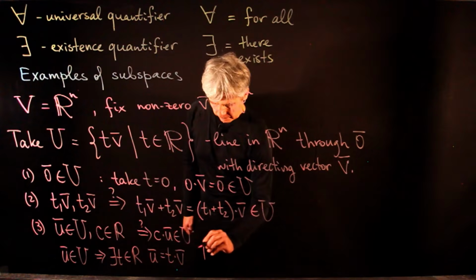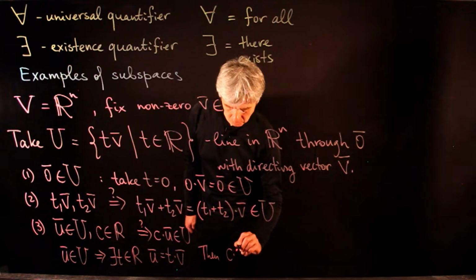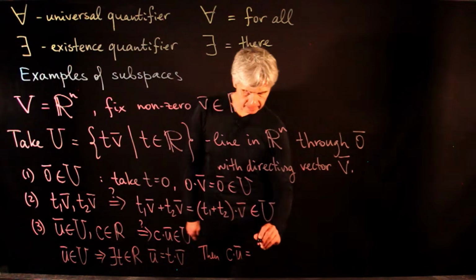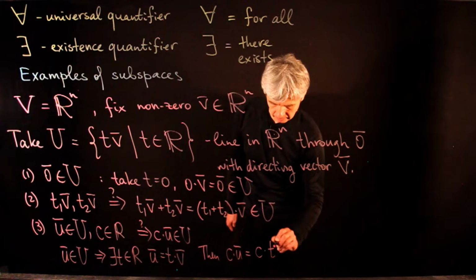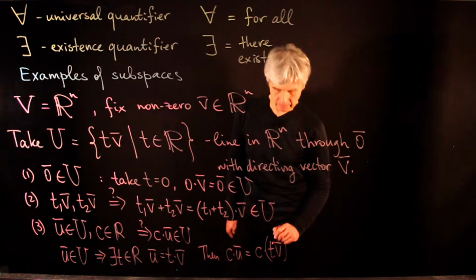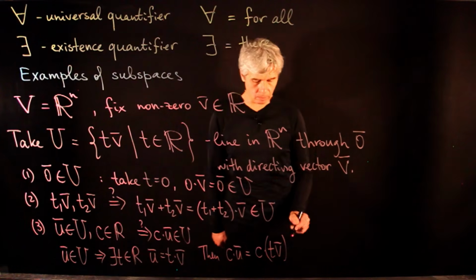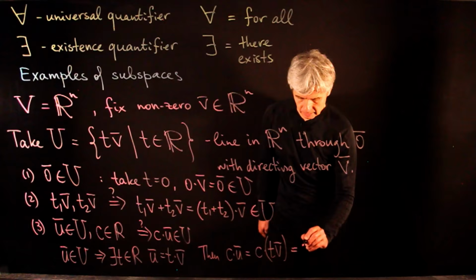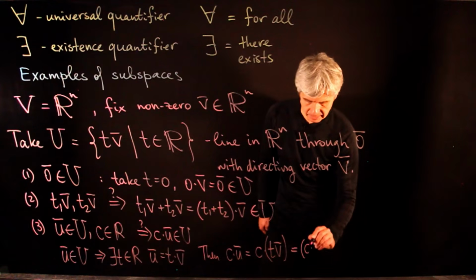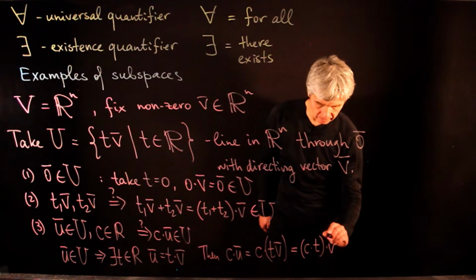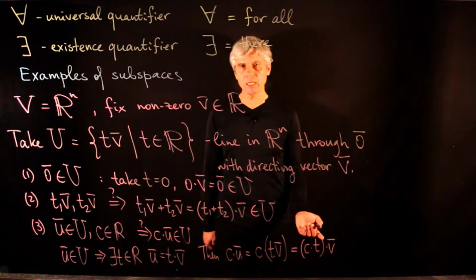So then C times U is the same as C times TV. But again, by one of the axioms of a vector space, this is the same as C times T times V. And C times T is a real number.